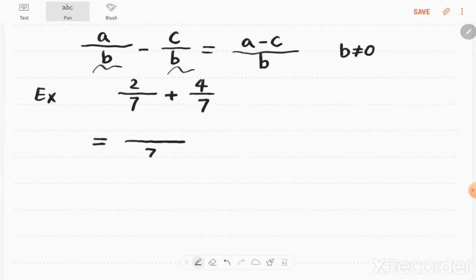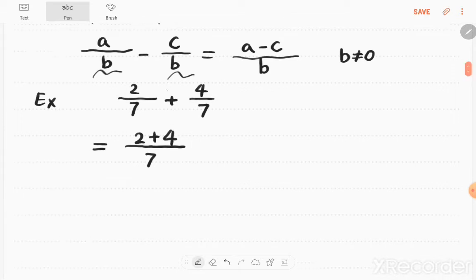So we just write 7 as our denominator. Then for the numerator, we do the addition. So here we do the addition, right? And we will get 6 over 7.